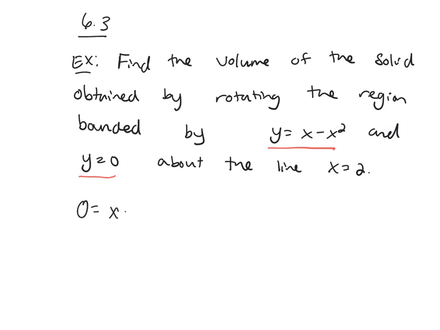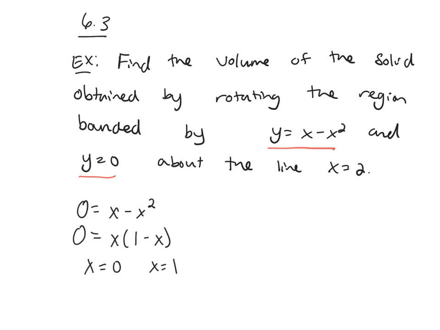0 equals x minus x squared. Now what? Factor. What can I factor? An x out. And I get two solutions: x equals 0 and x equals 1. Now these two values correspond to points.